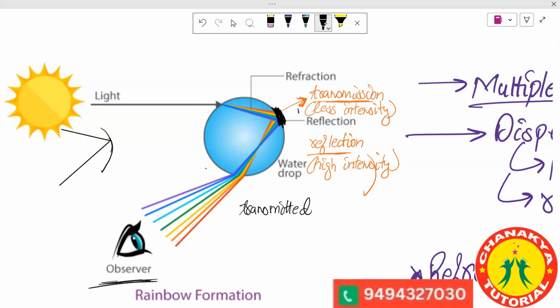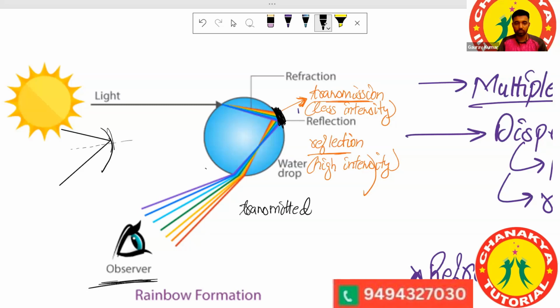It will act like a concave mirror, or you can take this small part, because we are talking about this small part, as a flat mirror. So we can take it as a plane mirror.